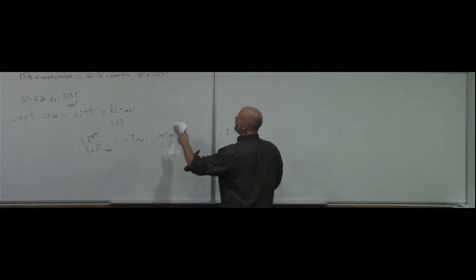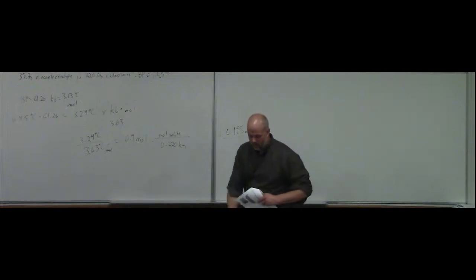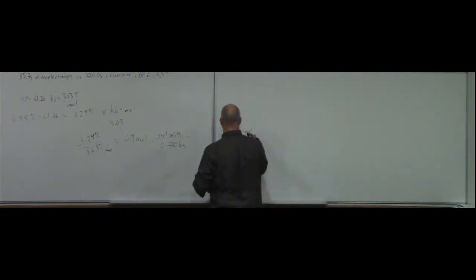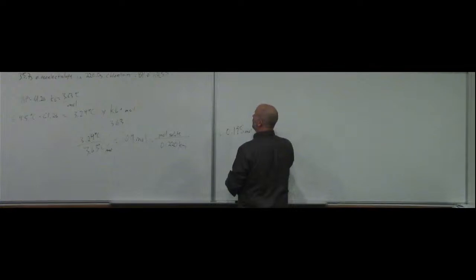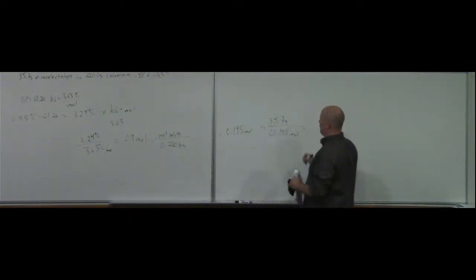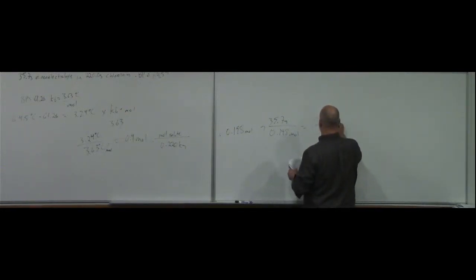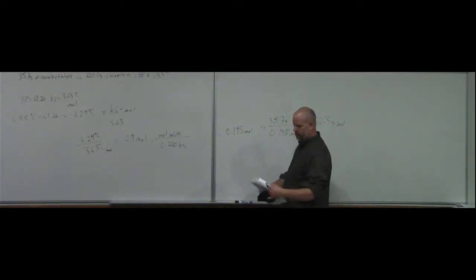So if I take 35.7 grams and divide it by 0.198 moles, that would give me 180.3 grams per mole. How did we do? Let's find out.